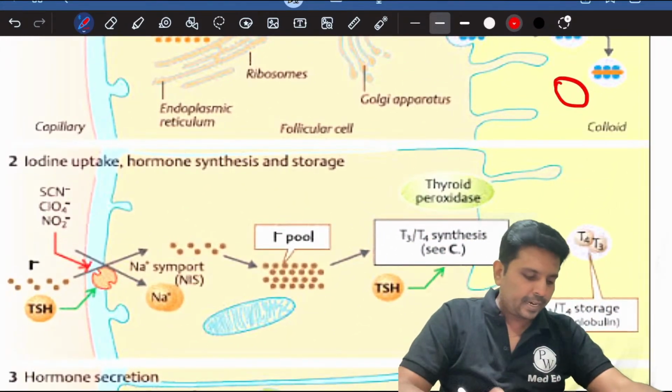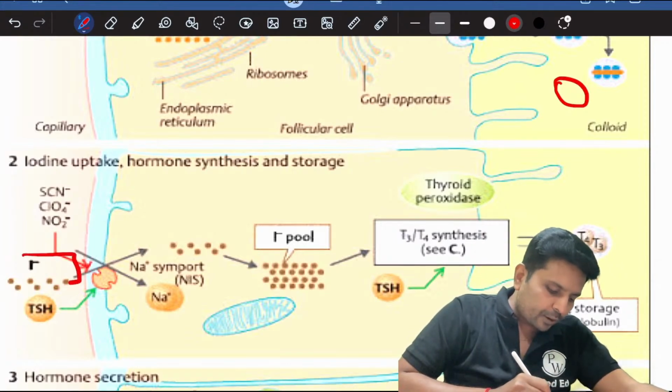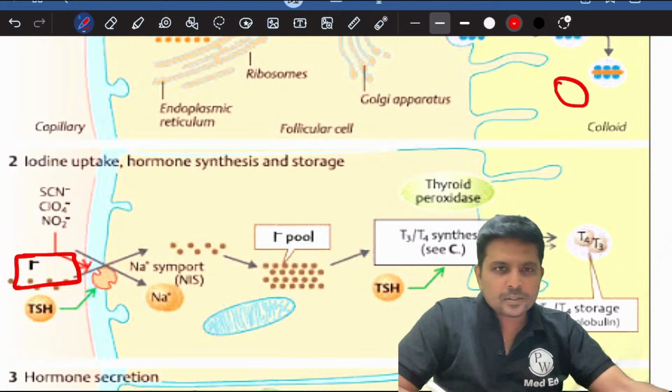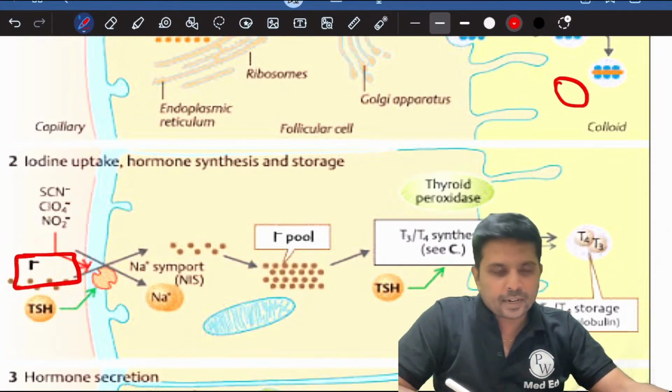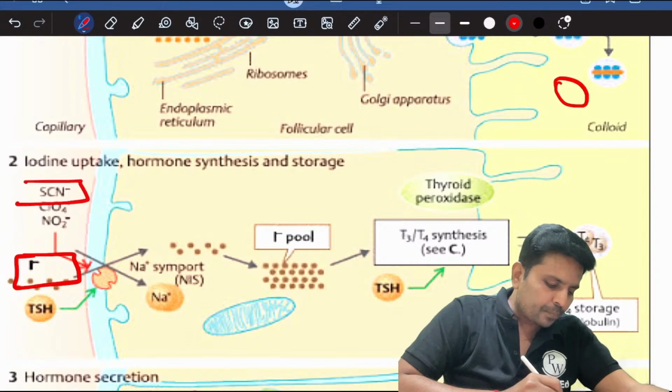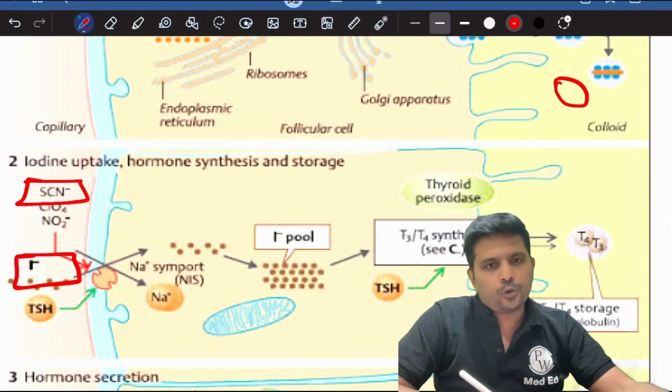Apart from that, this thyroid follicle takes iodine from the blood with the help of the sodium iodide cotransporter.